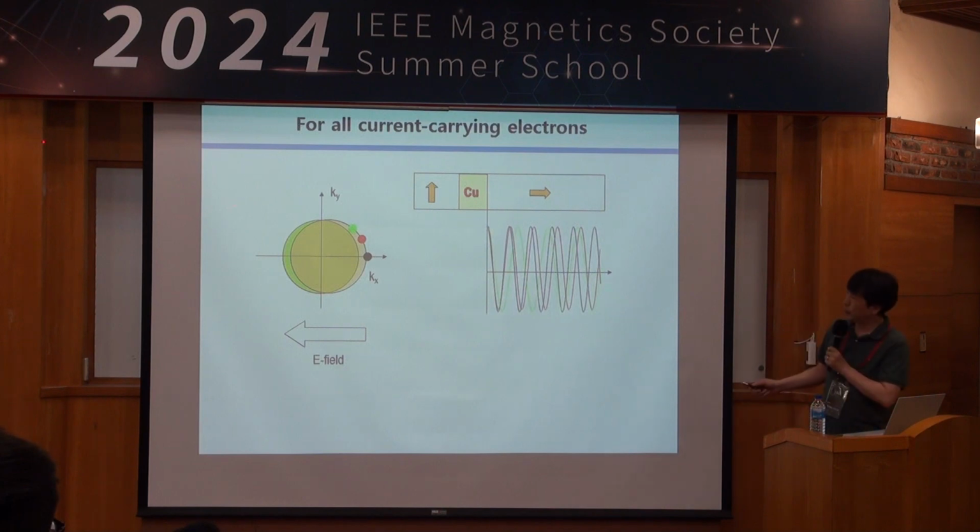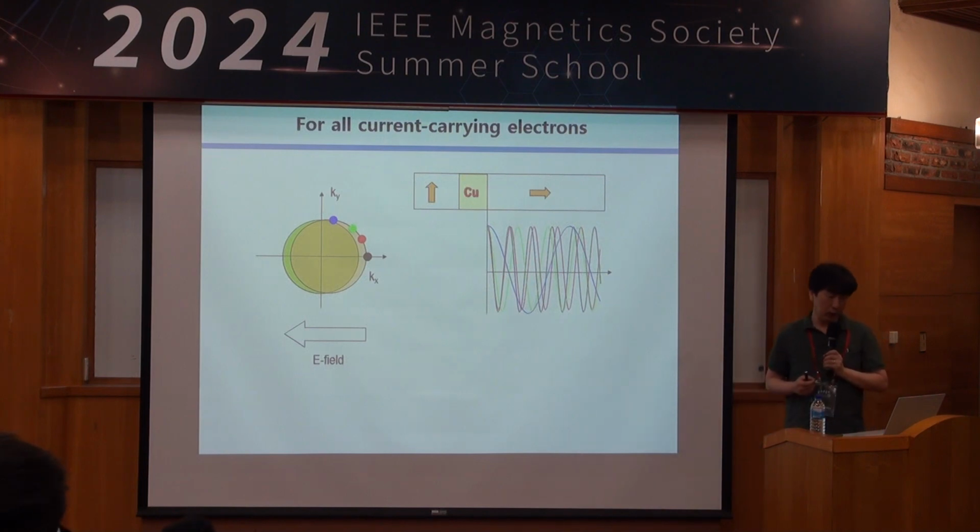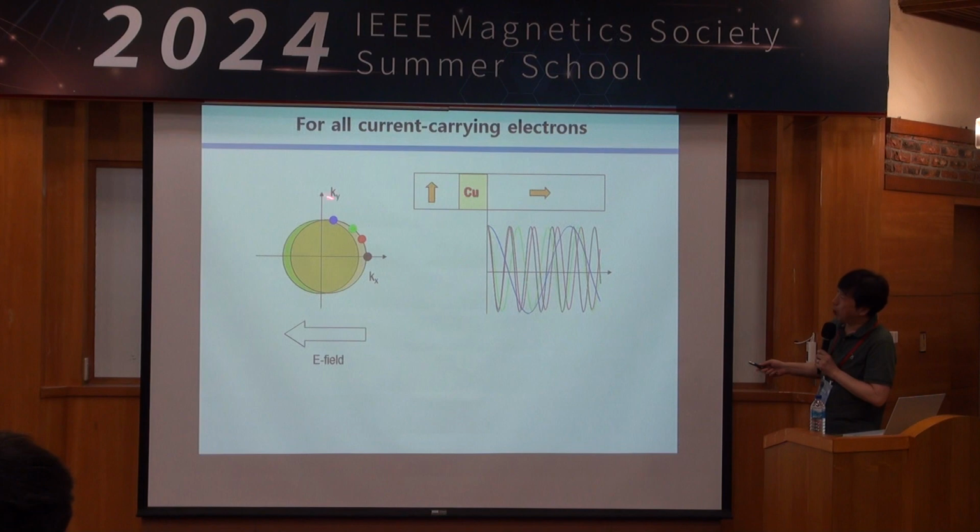Then you have also the green state, longer precession, and the blue state, much longer precession. So when you calculate this transverse spin current configuration, the distribution within the right ferromagnet is obtained by calculating all kinds of these wave patterns for all states on the Fermi surface and summing up.